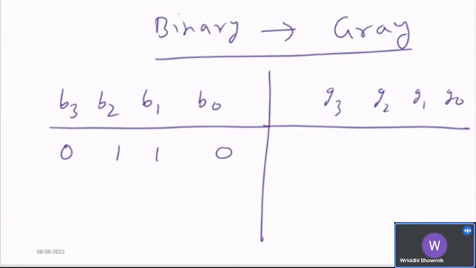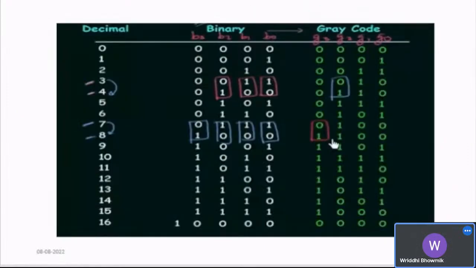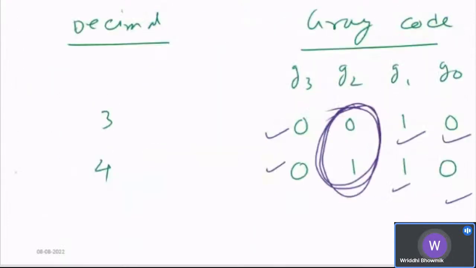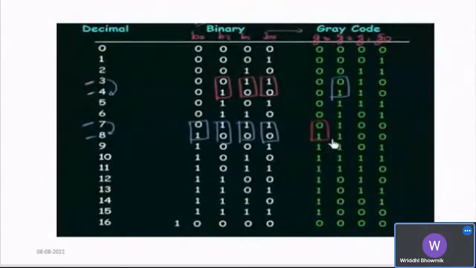So G3 will be B3, means 0. G2 will be B3 exclusive or B2, means 0 exclusive or 1, so you will have 1. G1 will be B2 exclusive or B1, means you will have 0. And G0 will be B0 exclusive or B1, means 0, 1 exclusive or, means 1. So 0, 1, 0, 1. If you see this table, what we have taken, 0, 1, 1, 0, means 6.